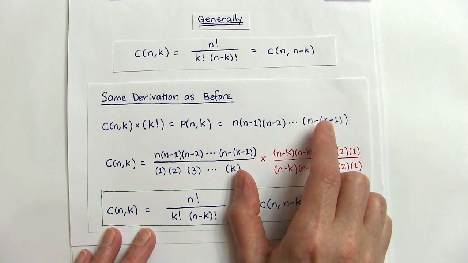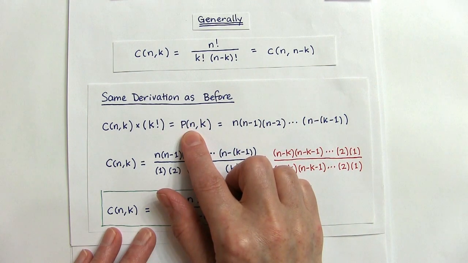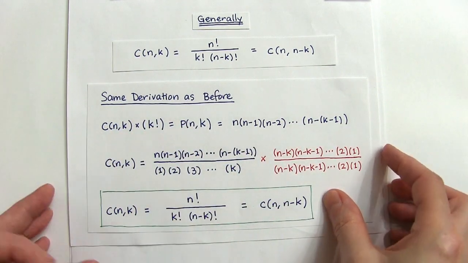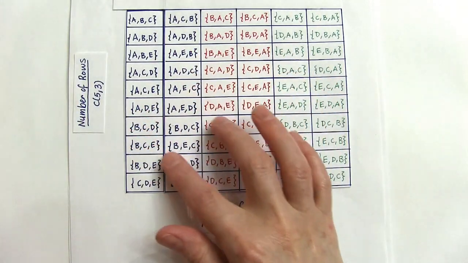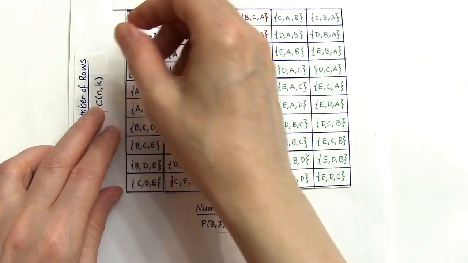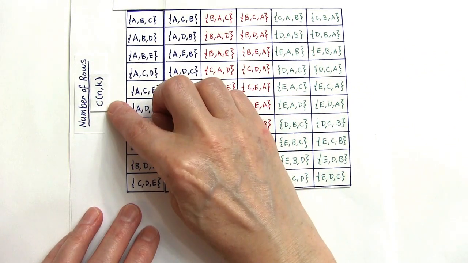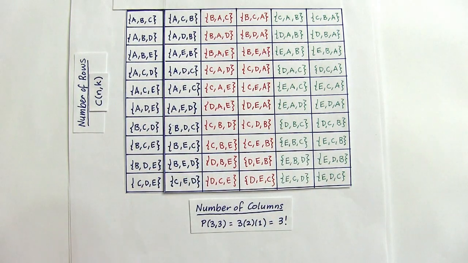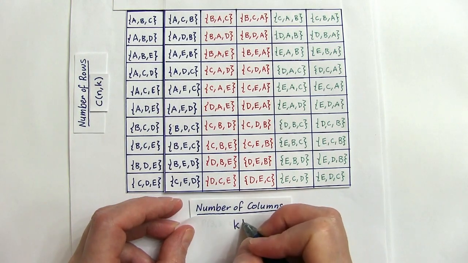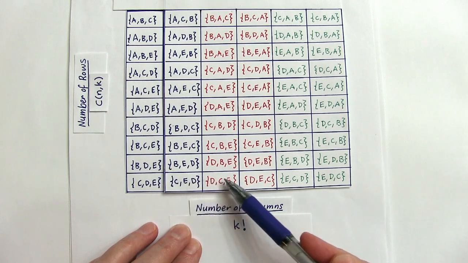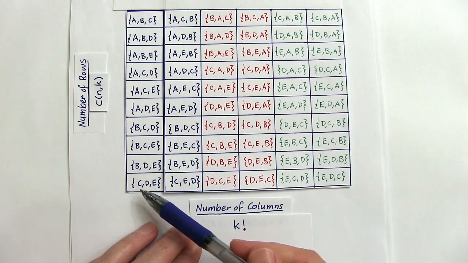But on the other hand, the number of permutations of n distinct objects taken k at a time is equal to this quantity, which we get from a table like this, where the number of rows is the number of choices of n distinct objects taking k at a time, and the number of columns will be k factorial, the number of ways that it's possible to permute the k distinct letters in each row.